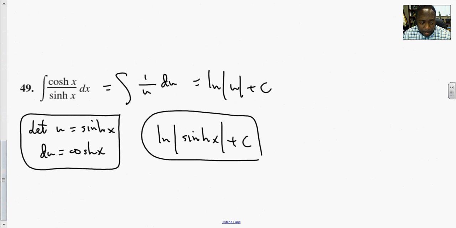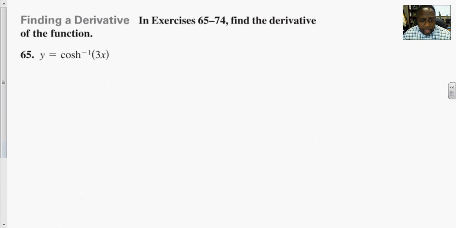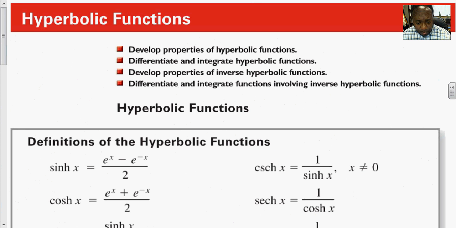Now there's two more problems dealing with the inverse hyperbolic functions. Well, we need the formula for the derivative for the inverse hyperbolic cosine x. Do you remember what that is?